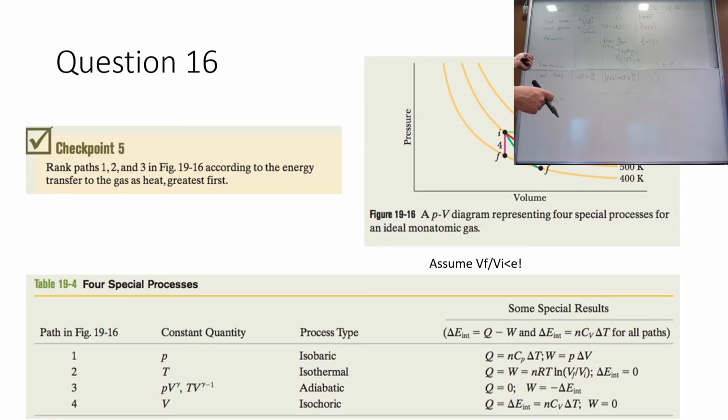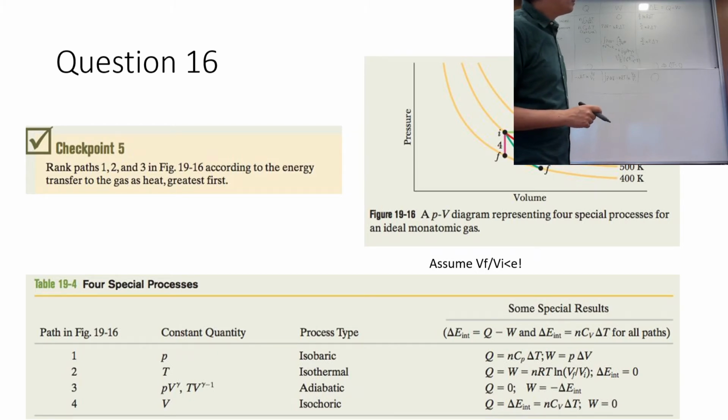It's a monoatomic gas, right? So it's n times Cp delta T. And what's the delta T in this case? Process 1.